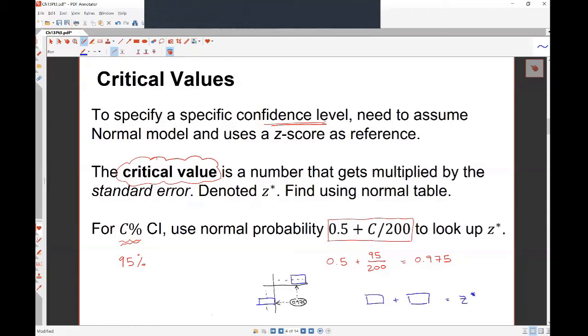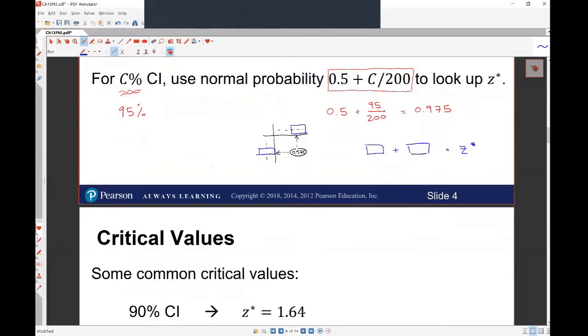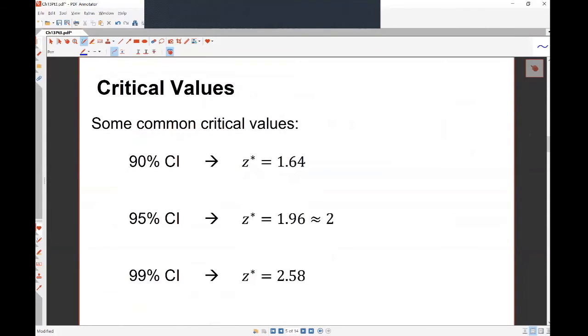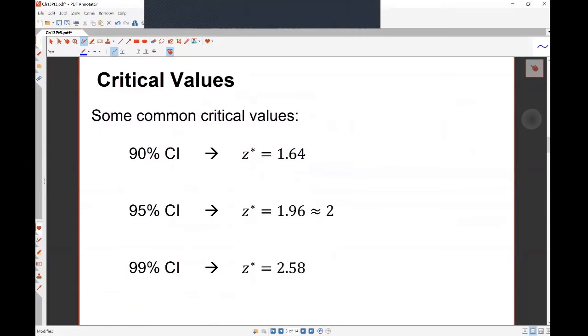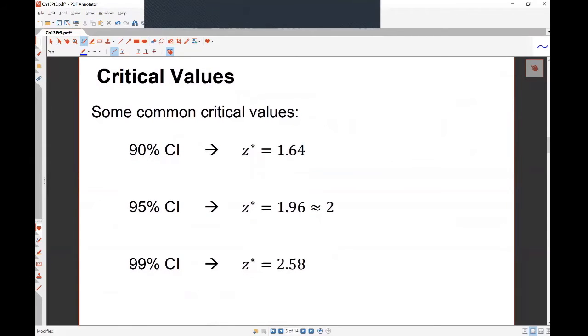Now, that being said, it is helpful to just go and memorize 3 important critical values. Whenever you see a problem asking for a 90% confidence interval, the critical value will be 1.64.